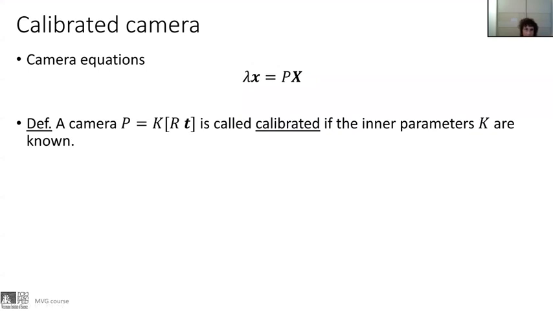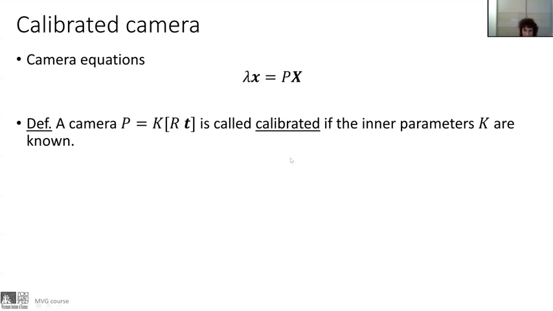So these are the camera equations. And now there is a difference between 2 kinds of camera. A camera, which is 3x4, as you know, is called calibrated if the inner parameters K of the camera are known. Why is it so important?